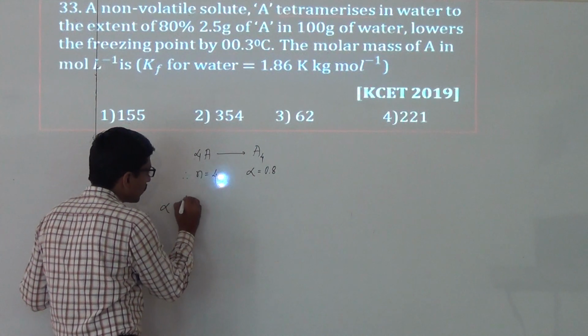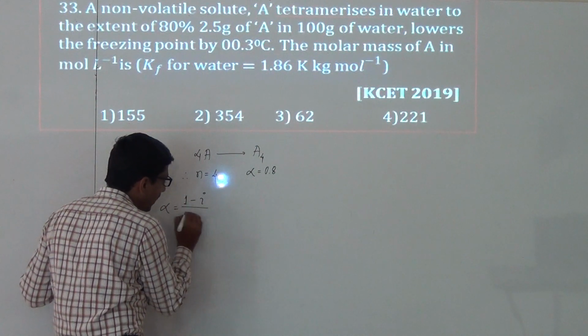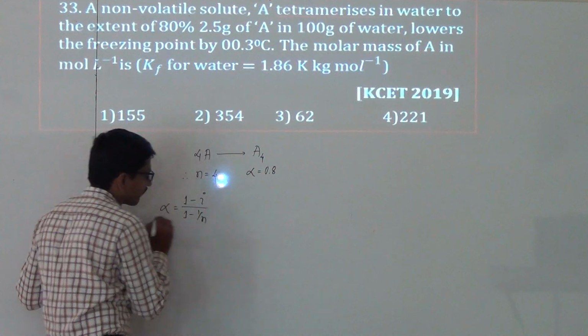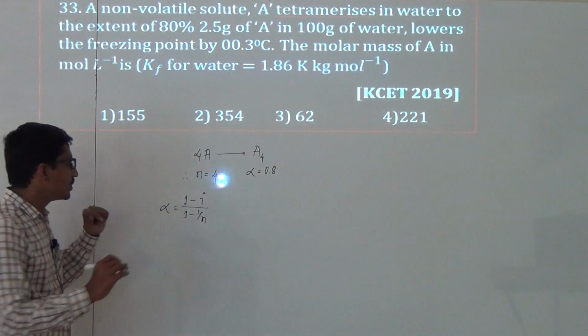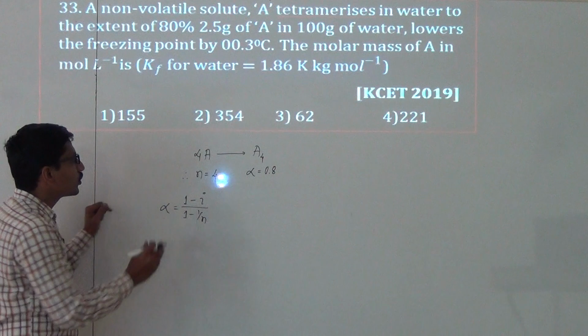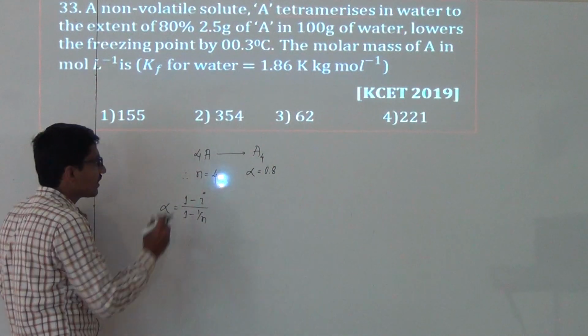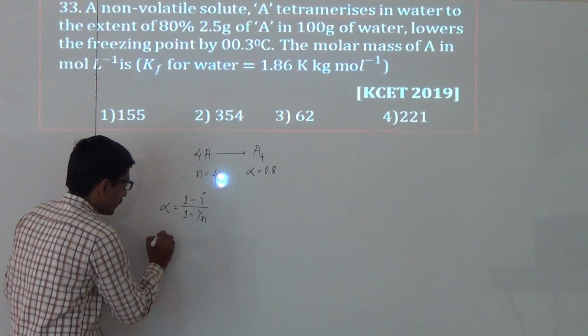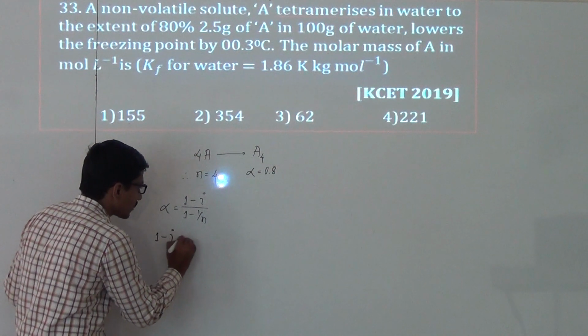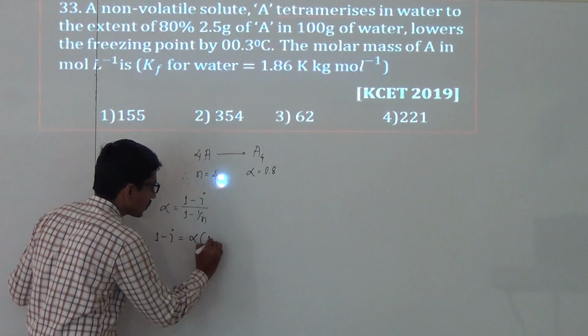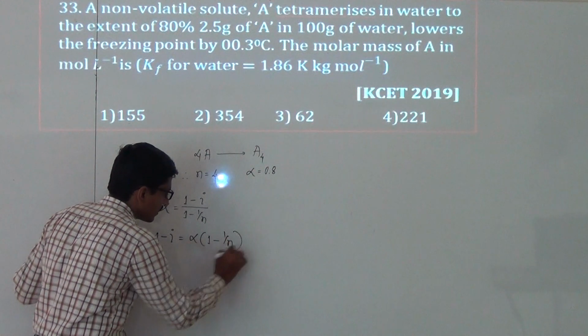Alpha is equal to (1 minus i) divided by (1 minus 1 by n). From this relation, the degree of association is calculated, and we know the degree of association is 0.8 or 80%. So 1 minus i is equal to alpha into (1 minus 1 by n).